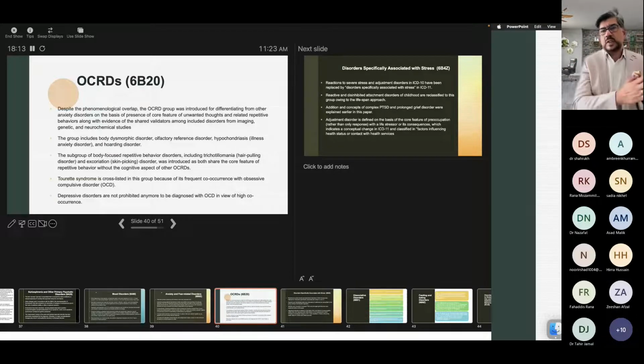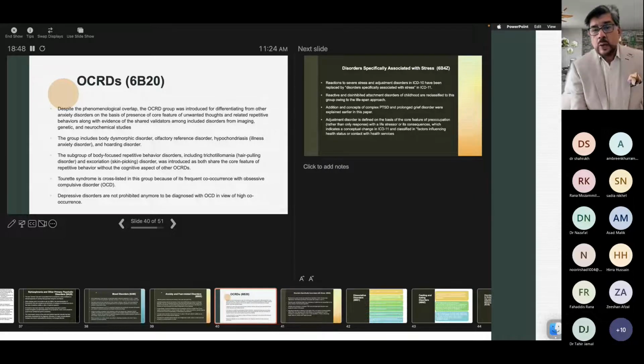And all of these disorders have definite genetic background. So they are grouped together as one. It includes body dysmorphic disorders, olfactory reference disorders, hypochondriasis, and hoarding disorders. Now, most of the time, these disorders were given a different set of diagnoses. So, like hypochondriasis was considered to be a neurotic disorder, which was a term used for a long period of time.